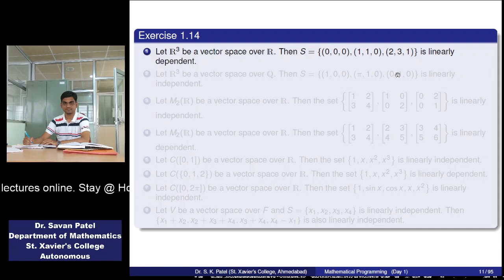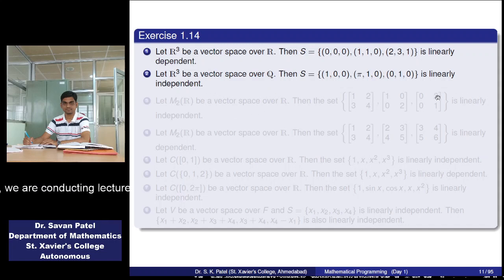Oh, sorry. (0,0,0) is already there, so it is linearly dependent because we can write (0,0,0) as 1 times (0,0,0), and hence it is linearly dependent. But you can prove that (1,0,0), (pi,1,0) and (0,1,0) is linearly independent over the field of rational numbers. You try this at home. If you cannot do that, we will discuss in the discussion forum.